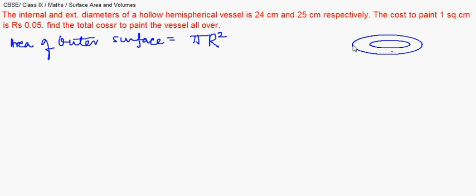And then hemispherical, if I draw this like this, to paint it, we will have to take area of the outer surface, area of this inner surface. I'll denote it by a small r.